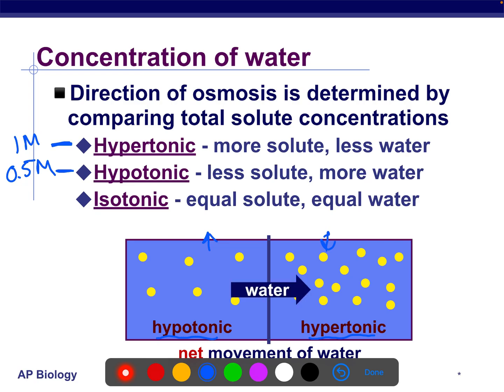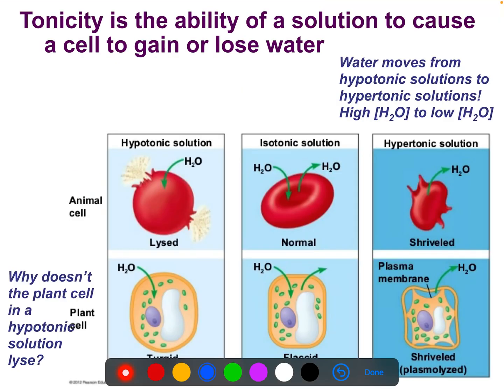And so the movement of water in this case is going to go mostly to the right. There might be a very small amount that goes to the left, just because it's not a perfect process. But most of the water is going to go to the right until we reach that point where both solutions are isotonic to one another, or we have equal solute and equal water.